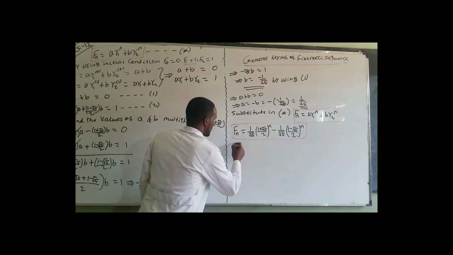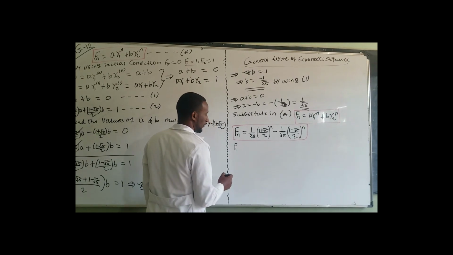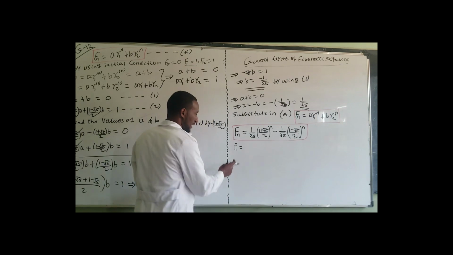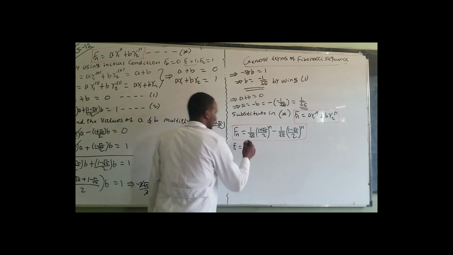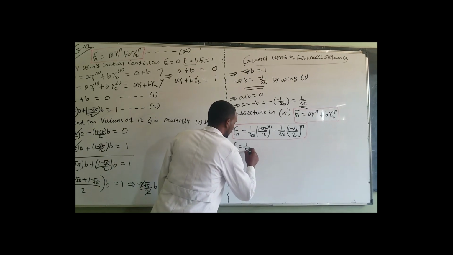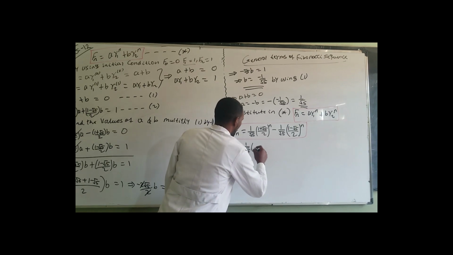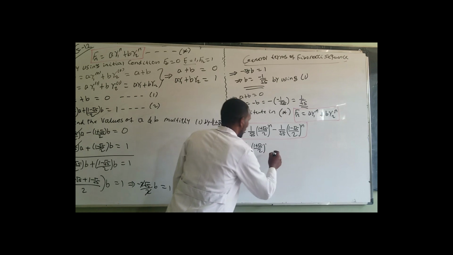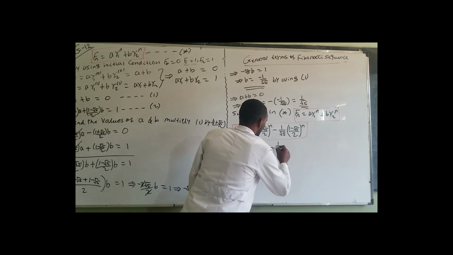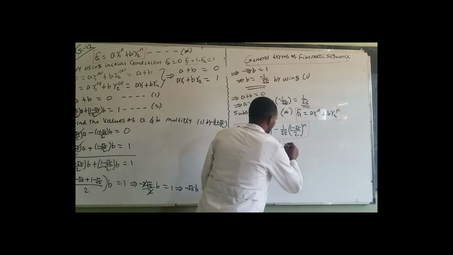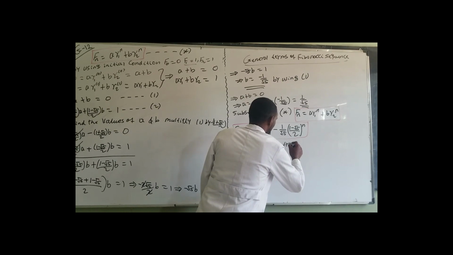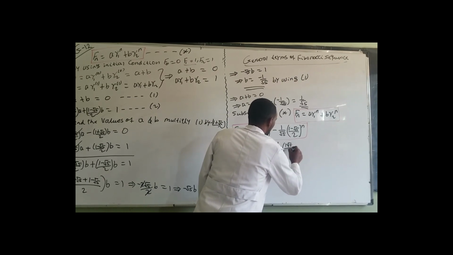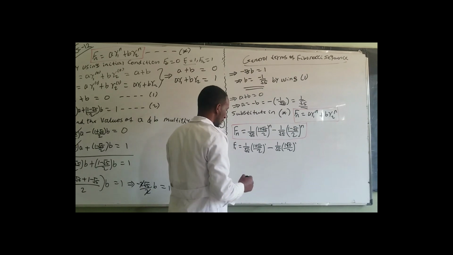Then let us find f of 1. Substituting 1 in place of n: 1 over square root of 5 times 1 plus square root of 5 over 2 to the power of 1, minus 1 over square root of 5 times 1 minus square root of 5 over 2 to the power of 1.